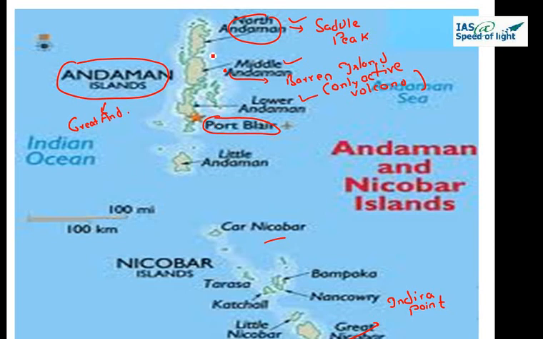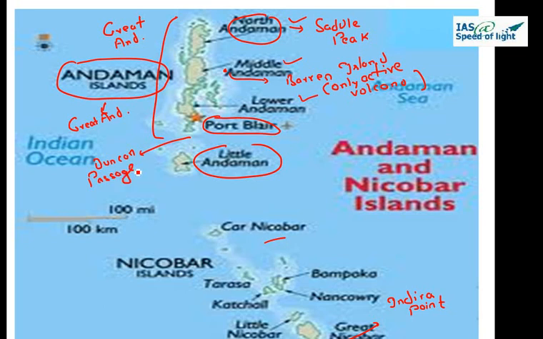Now here you can see the Little Andaman Island, which is separated. This is all Great Andaman. And it is separated from the Little Andaman by something known as Duncan Passage. Right.